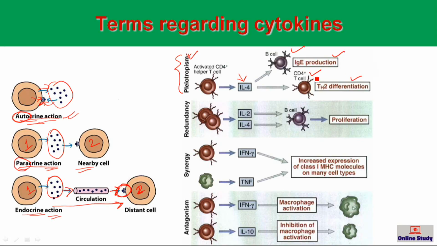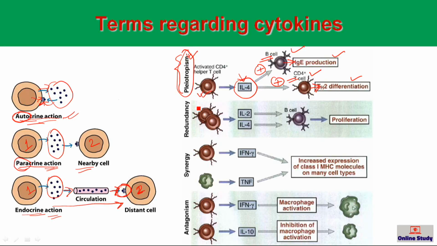For example, here the activated CD4 helper T cell produces the IL-4 cytokine, which acts on B cell and CD4 T cell, and in this way IL-4 helps B cell to produce the IgE antibody and the CD4 T cell to differentiate to Th2 type of cell. So for this reason the action of this IL-4 is called pleiotropism.